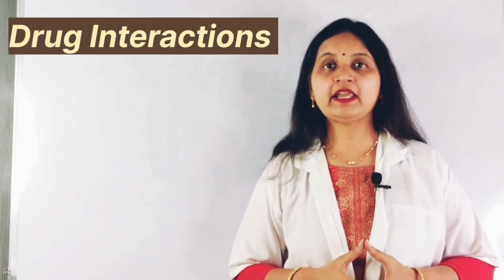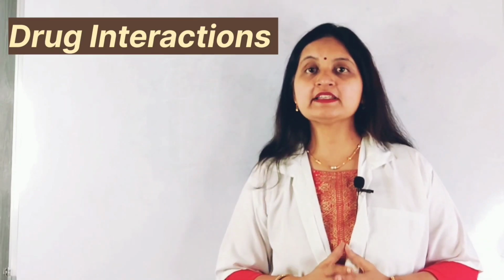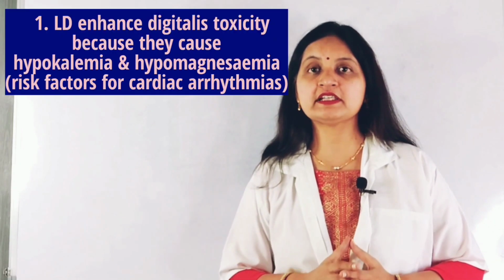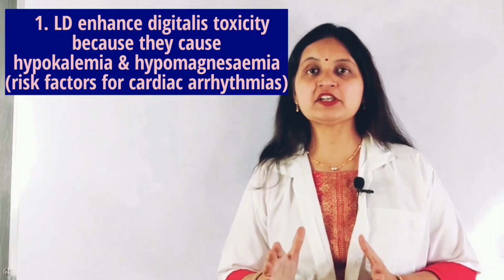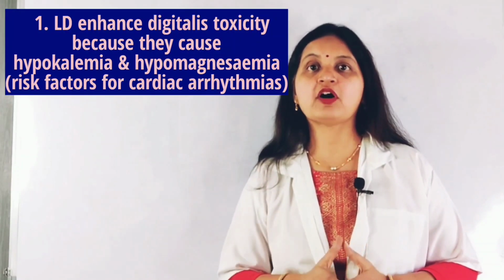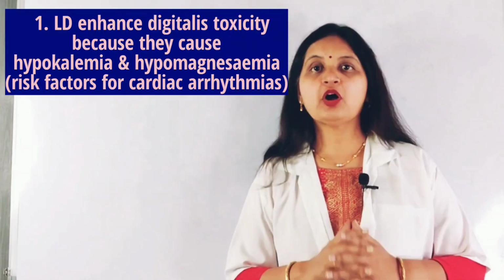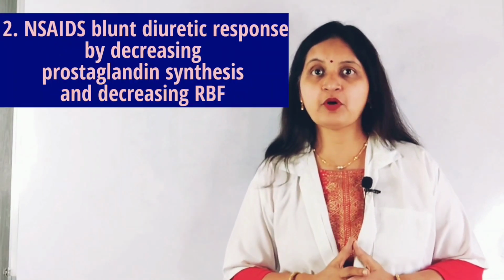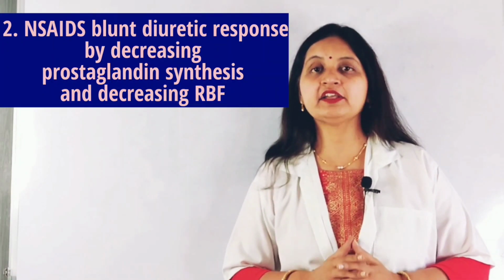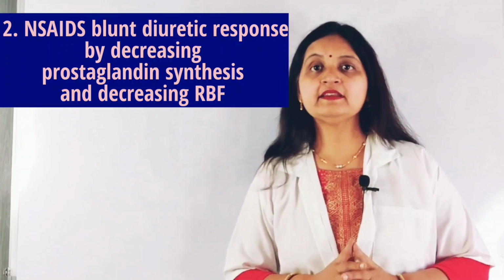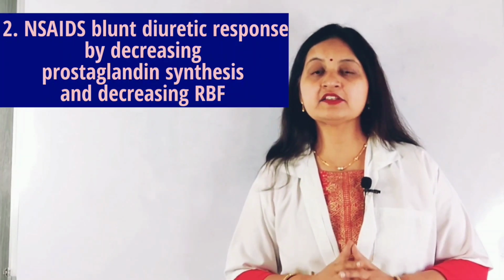So coming to the drug interactions, loop diuretics can enhance digitalis toxicity because they cause hypokalemia and hypomagnesemia, which are risk factors for cardiac arrhythmias. The non-steroidal anti-inflammatory drugs blunt diuretic response by decreasing the prostaglandin synthesis and decreasing the renal blood flow. So a decrease in the blood flow to the kidney decreases the diuretic response.